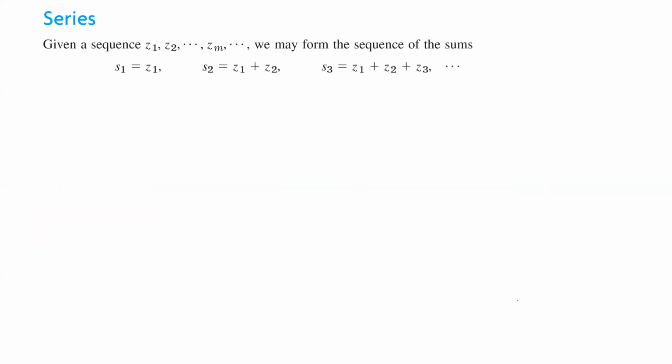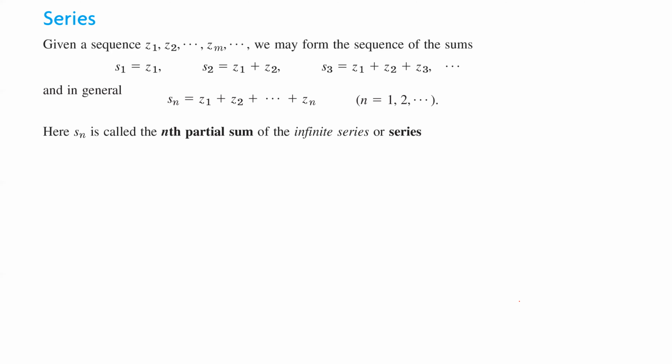All right. So what are series? Given a sequence Zn, we may form a sequence of sums. We call Z1 S1. We find S2 by Z1 plus Z2. S3 is Z1 plus Z2 plus Z3. So Sn in general is the sum of the first n terms of the sequence, so Sn is Z1 to Zn. Sn is called the nth partial sum of the infinite series, or simply we call it the series.